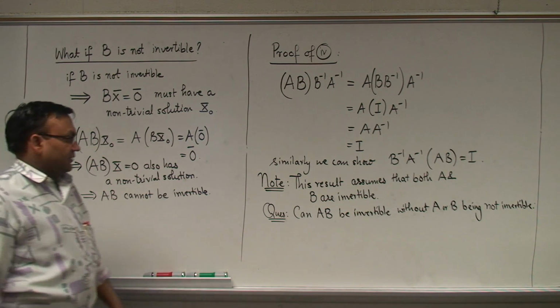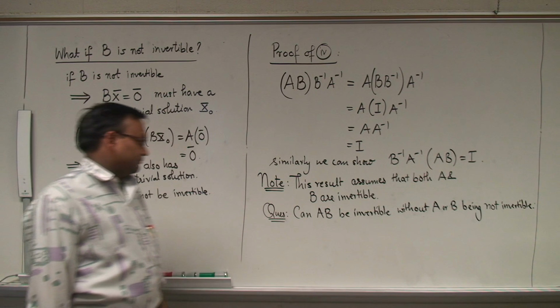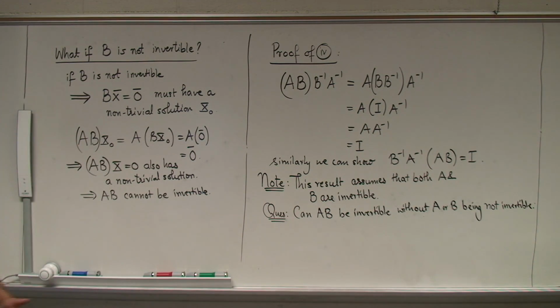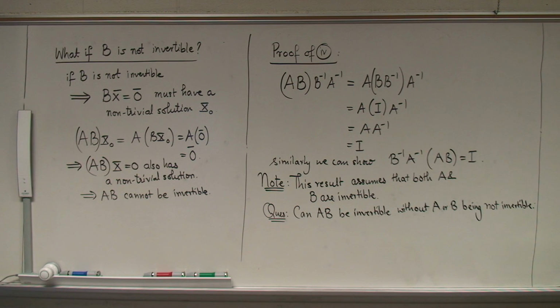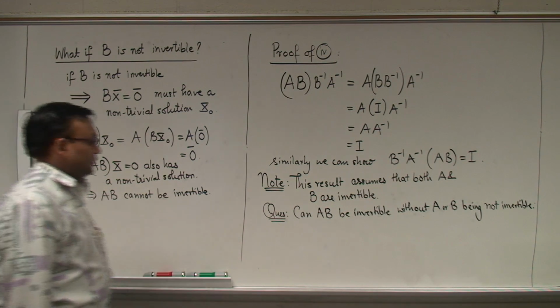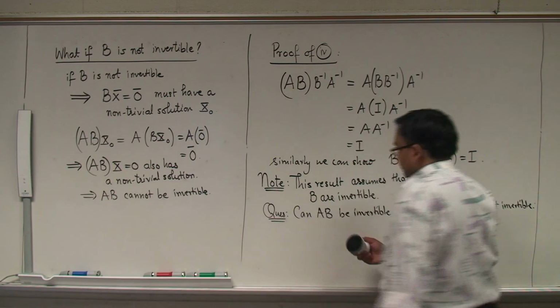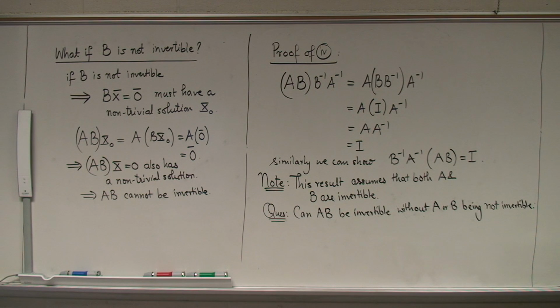Now imagine if A was not invertible, then perhaps you can say something about the columns of A, and maybe you can prove something about the columns of AB after that. So think along those lines and see if you can show that A times B will still be not invertible when A is not invertible.